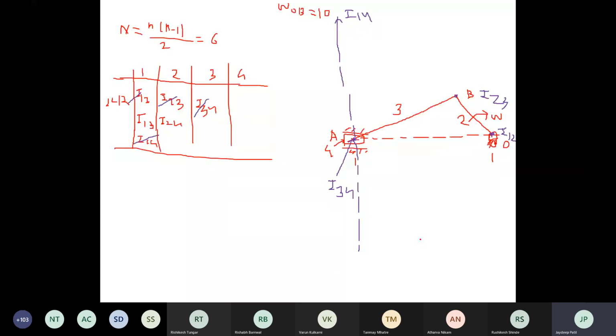Second, suppose slider A reciprocates inside the guide. Then the ICR of that slider with respect to the fixed link or guide is perpendicular to the motion of the slider. Here the motion of the slider is horizontal, so you draw the ICR of the slider with respect to the fixed link vertical. That means it will be at infinity. Yes, it is infinity.